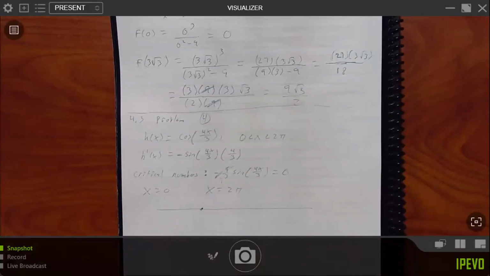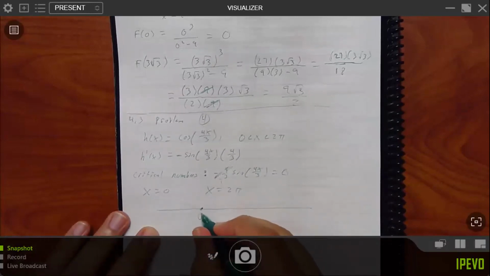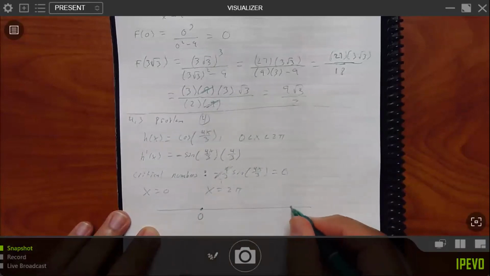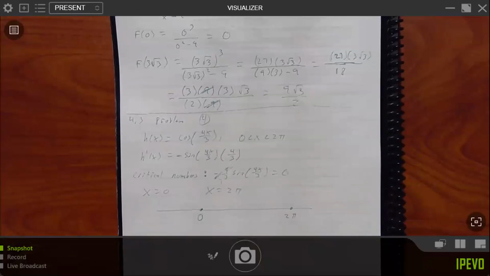But it looks like I can't go below 0. So I got to test between 0 and 2 pi. You could use 1, can't you?